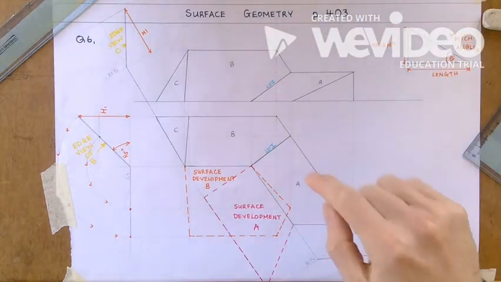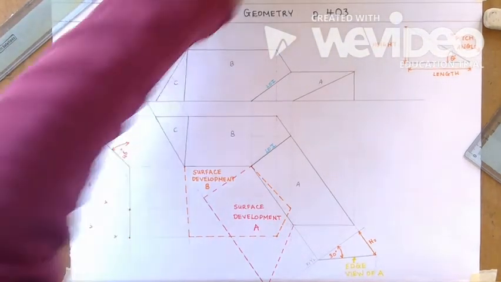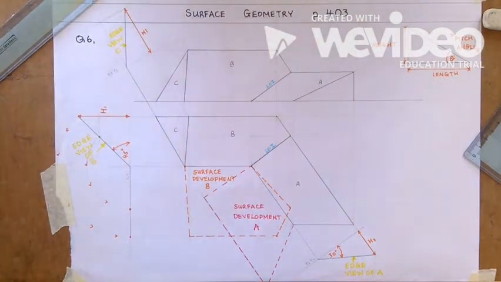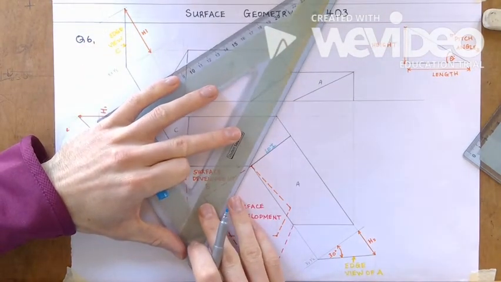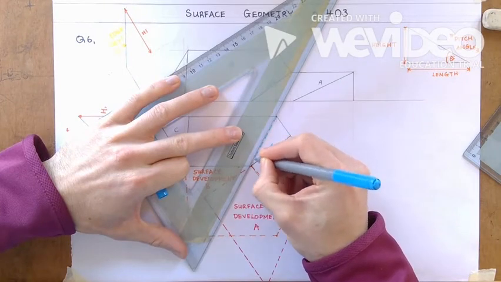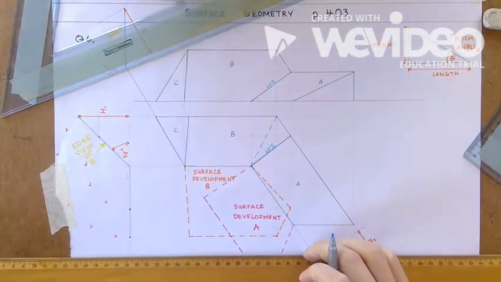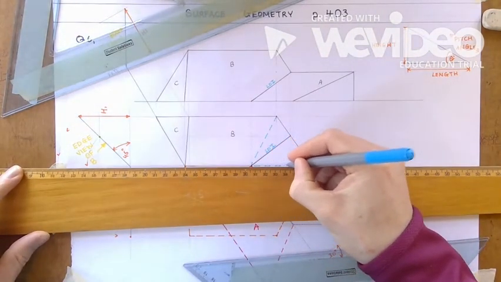So I don't want to be dealing with this big surface A and B. So what I'm going to do is I'm going to just make them surfaces a bit smaller and into triangular surfaces. So for B, I'm going to deal with this surface here. And then for A, what I'm going to do is I'm just going to draw a line horizontally across there.